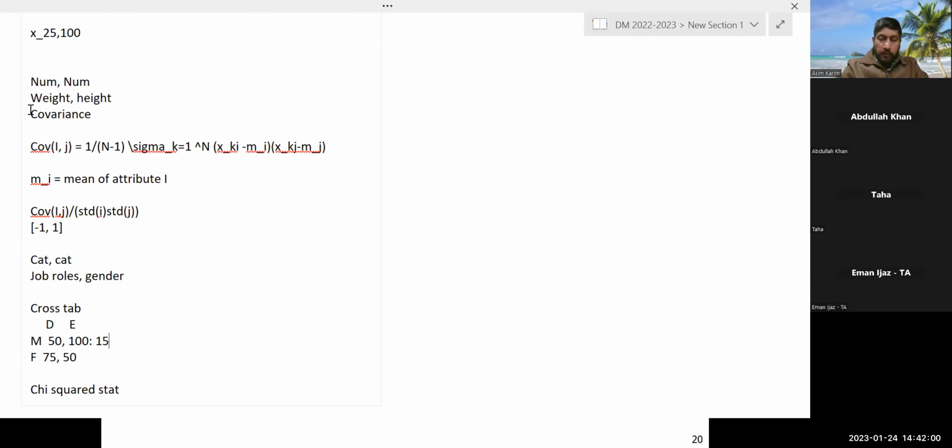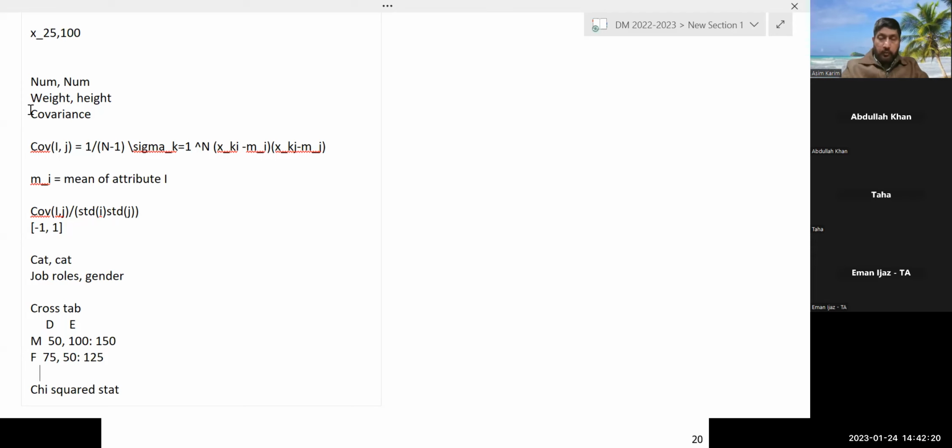Write the sums as well. 150 here. So these are the row sums, which are all males, all females. So females are 125, males are 150. And the column sums I'll write here too.